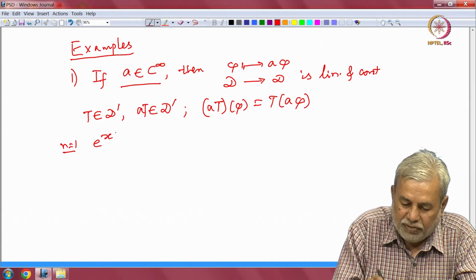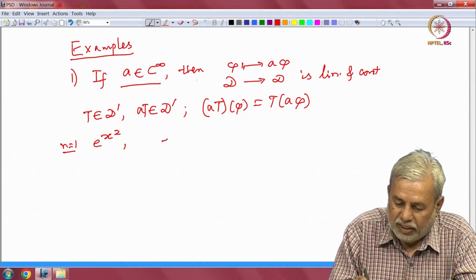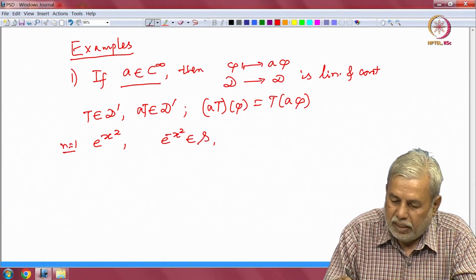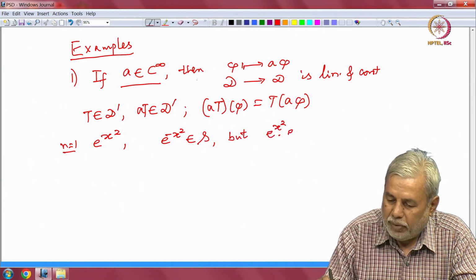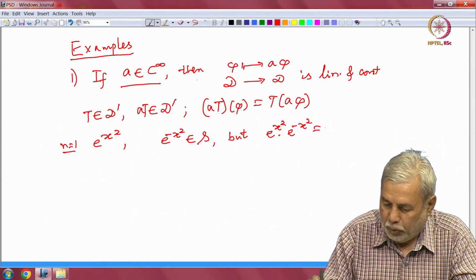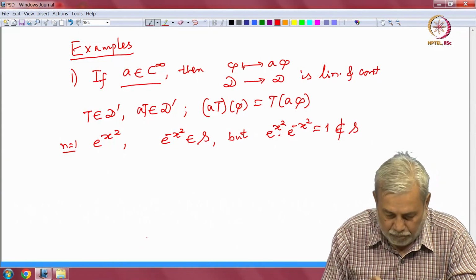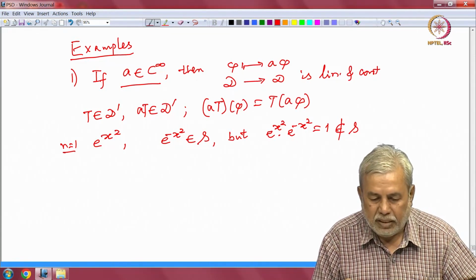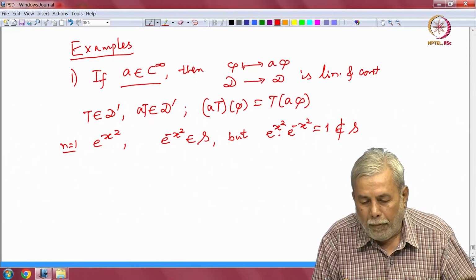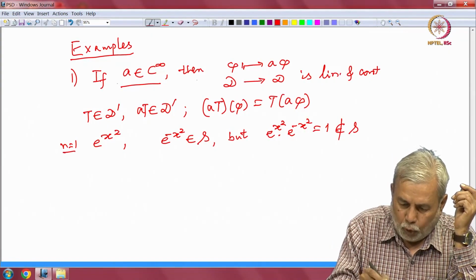If I take this C infinity function, e to the x square, and if I take e to the minus x square, which is in S, then the product e to the x square into e to the minus x square equal to 1 is not in S. So we cannot multiply a function in S by an arbitrary C infinity function in order to get back a function in S, but some growth condition should be there.